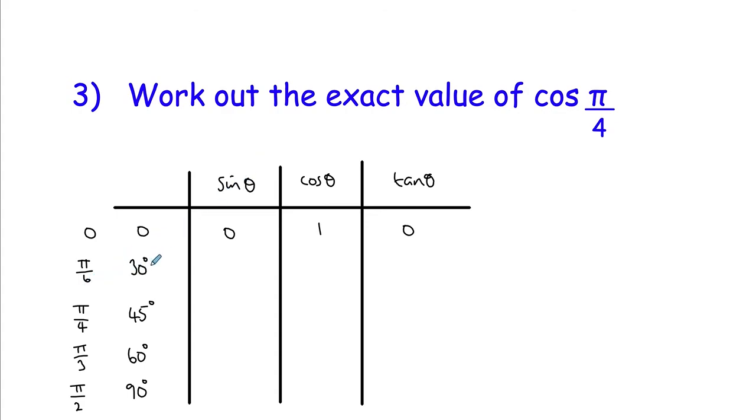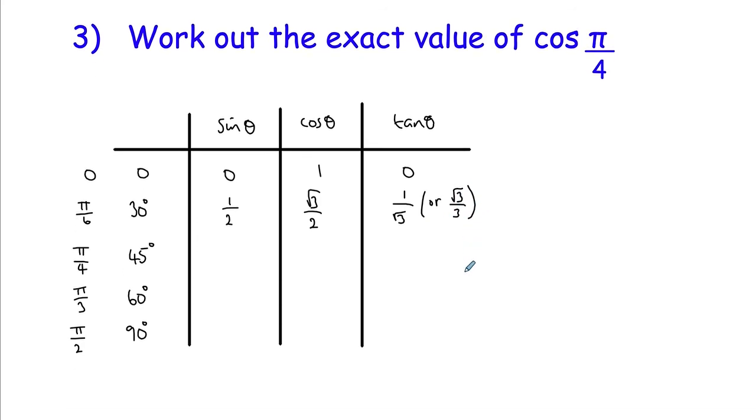Well, sine of 30 you hopefully know. It doesn't really matter if you forget because you've got your calculator, but that one's a half. Cos of 30, so now cos of pi over 6 is root 3 over 2. And tan of 30, so tan of pi over 6 is 1 over root 3. Or if you do that one on your calculator, that will come out as root 3 over 3.